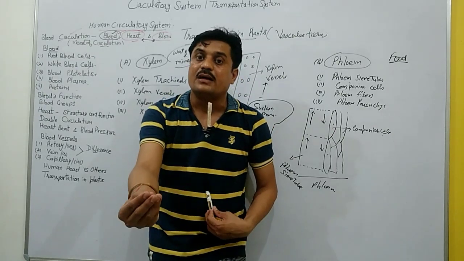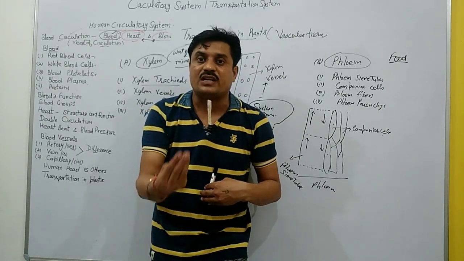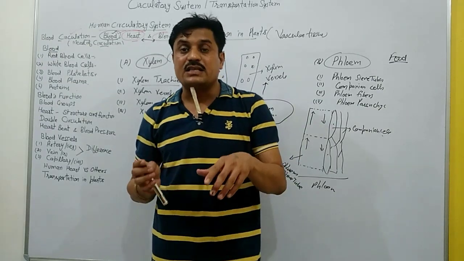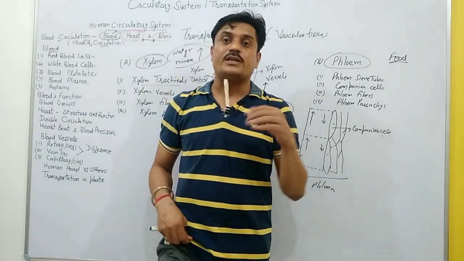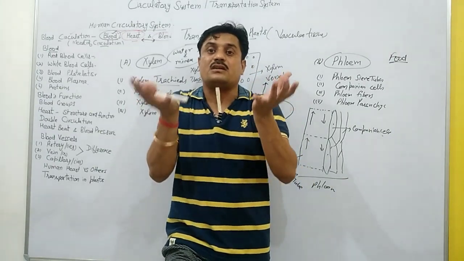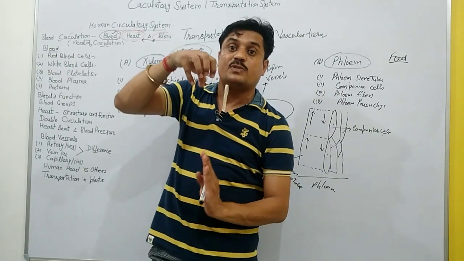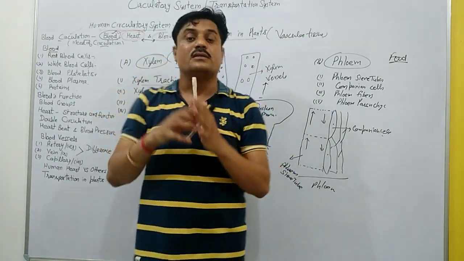Because of this suction pressure, the medicine or any liquid is filled in the syringe. Similarly is the case here. When the water is evaporated out, there develops a suction pressure in the aerial part, and this suction is responsible for the upward movement.